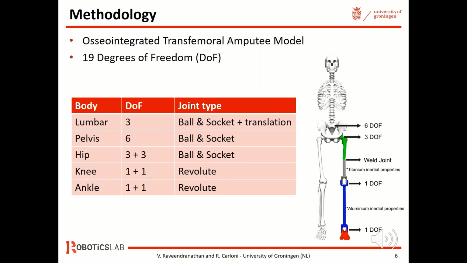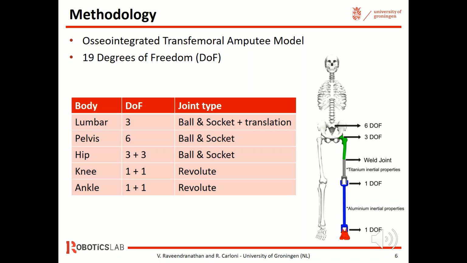We modified the lower extremity model shown in the previous slide to develop an osseointegrated transfemoral amputee model as shown here. This model has 19 degrees of freedom, with 6 degrees of freedom at the pelvis, 3 degrees of freedom at each hip joint, 1 degree of freedom at the knee, and 1 degree of freedom at the ankle.